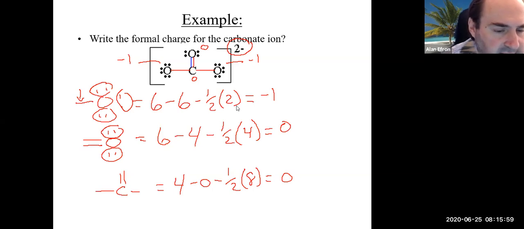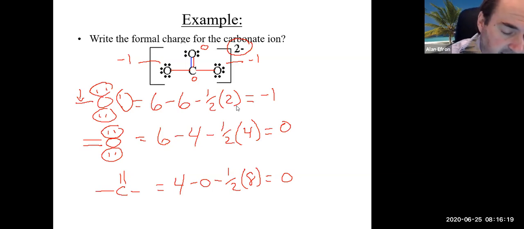Any questions on that there? So obviously you do need to know how to calculate the formal charge for any atom.